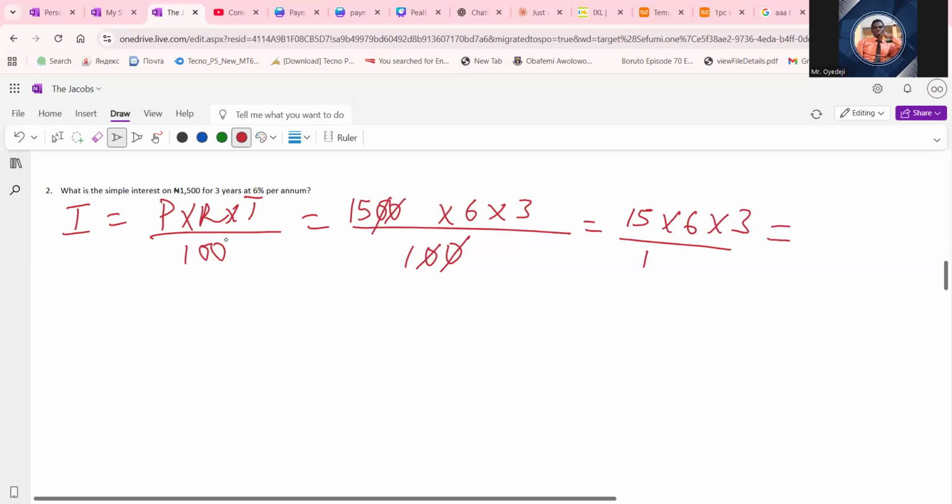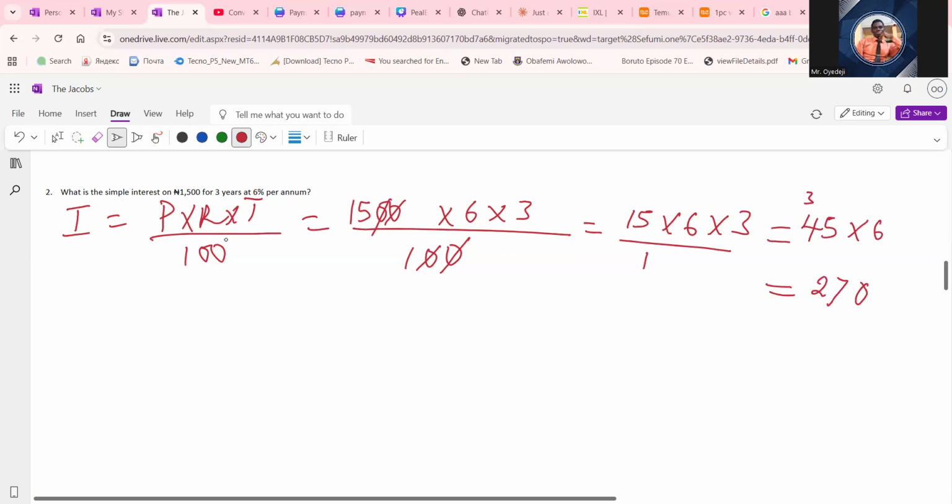Now, 15 times 3, 3 times 15 is 45 times 6, which equals 6 times 5 is 30, remainder 3. 6 times 4 is 24, plus 3, 27. So that's the simple interest.